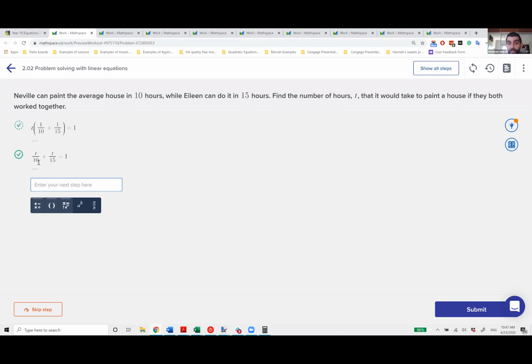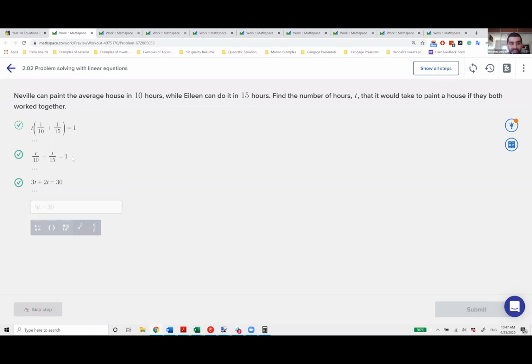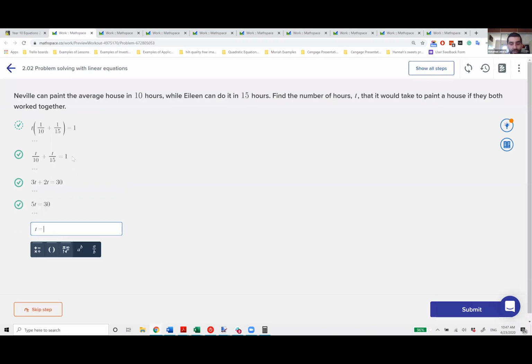So in this case, 10 goes into 30, and 15 goes into 30. 30 divided by 10 is 3, so 3T. 30 divided by 15 is 2, so 2T, and that is equal to 30 times 1, which is 30. And we have 5T equals 30, and then T equals 6.